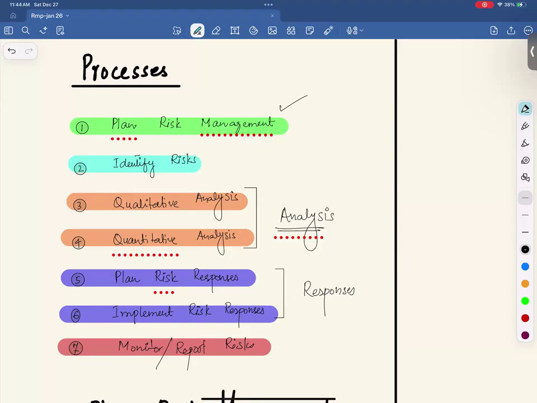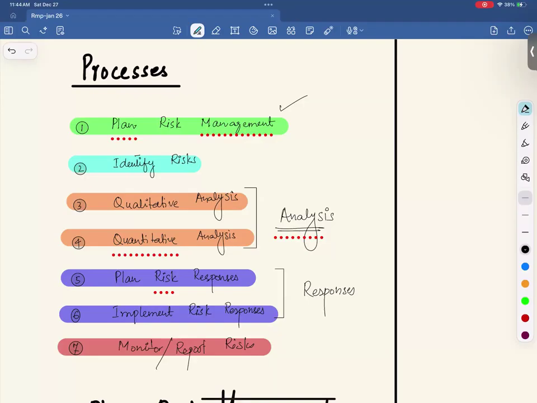Actually, what I mentioned earlier is that in step 1, we are fixing the guidelines for how to control other things, or how to do the other parts like 2, 3, 4, 5, 6. All the guidelines we will be putting in the plan risk management. Okay, how can you do that without identifying risk? Rifat is saying planning the risk management structure.